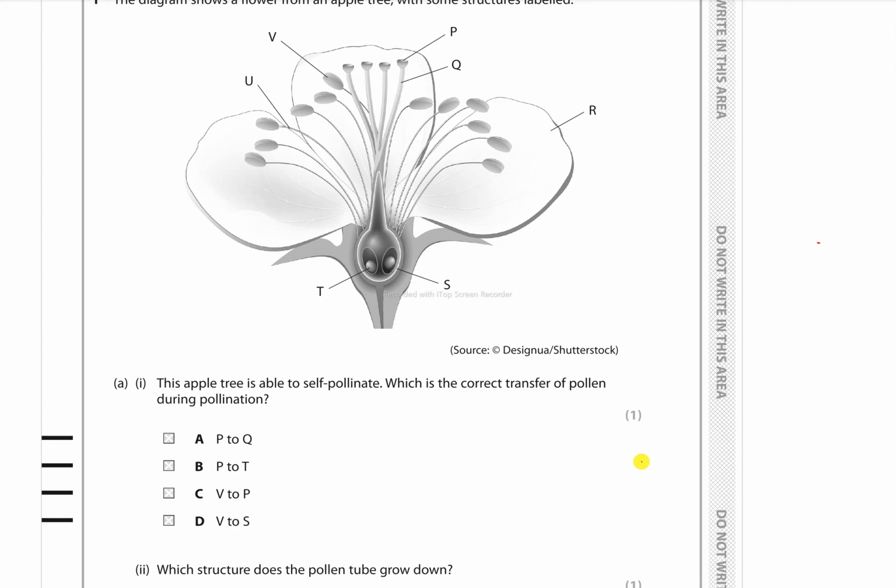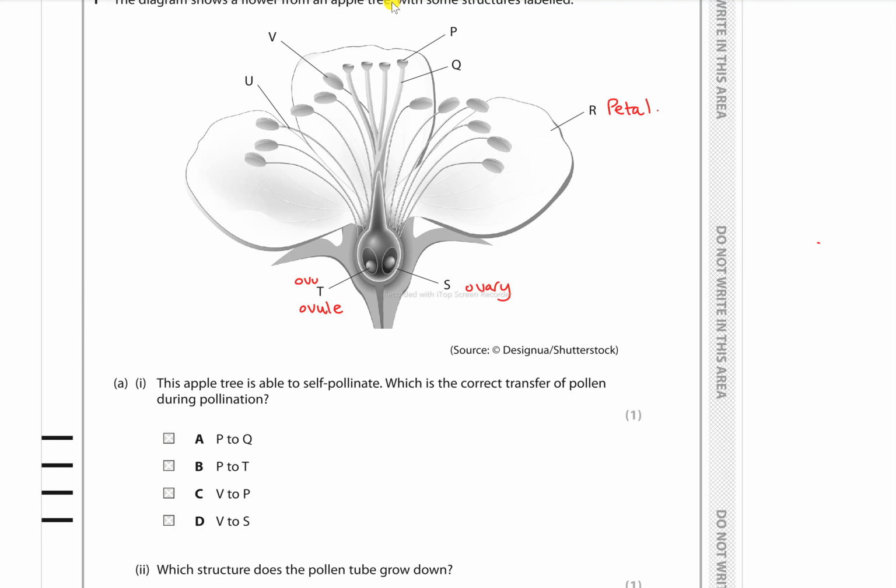So we've got, you've got this. That's the most obvious one. Petal. That is the ovary, and that is the ovule. Ovary, ovule.